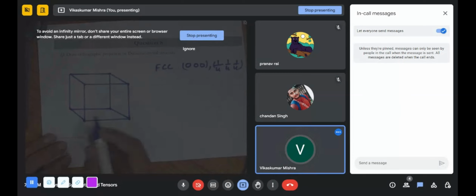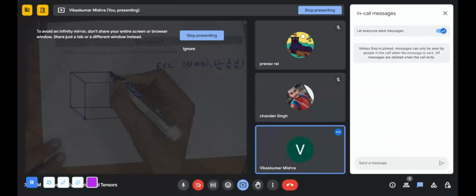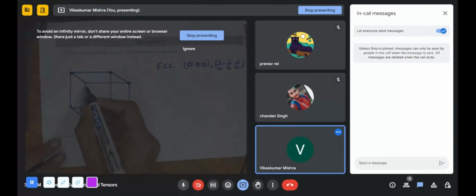So first it will form the FCC. Let's mark the FCC. All the corners have been covered. Now the faces.